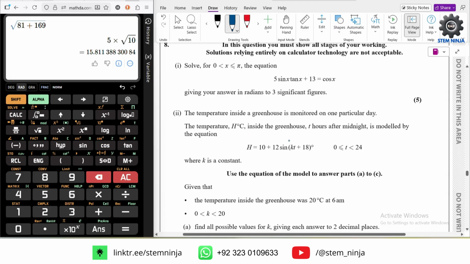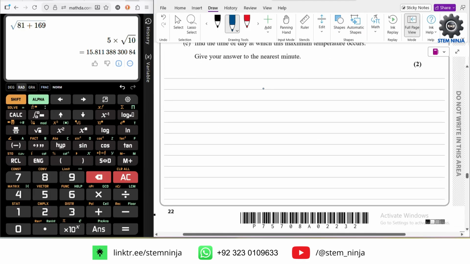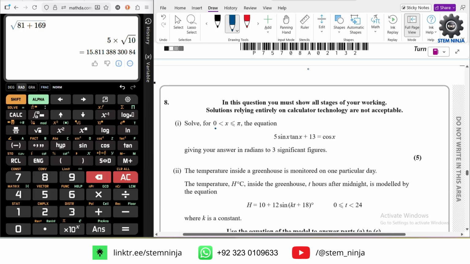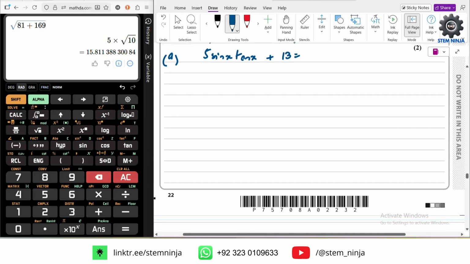Question number 8. Solve for 0 to x to pi, 5 sine x tan x plus 13 equals cos of x. Giving your answer in radians to 3 significant figures. Okay, wait a second. 5 sine x tan x plus 13 equals cos of x. Okay, so we know that tan of x itself is sine of x over cos of x.